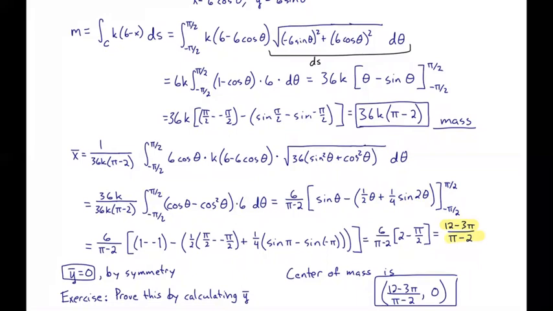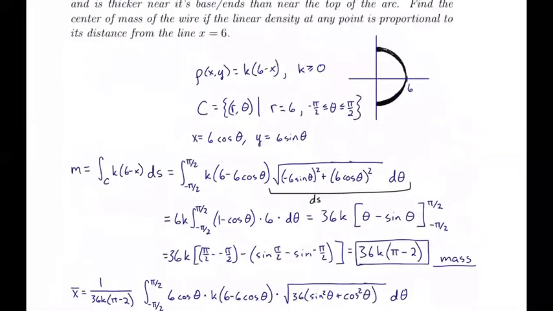Now, y bar, we can guess before we even calculate it, since this is symmetric about the x-axis, that y bar is going to be equal to 0. We're right along this x-axis for our center of mass coordinate for y.